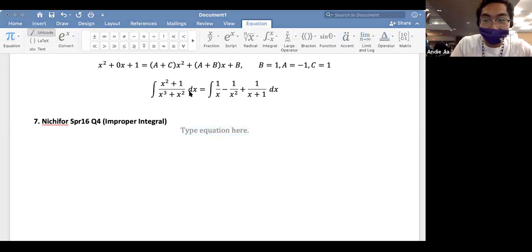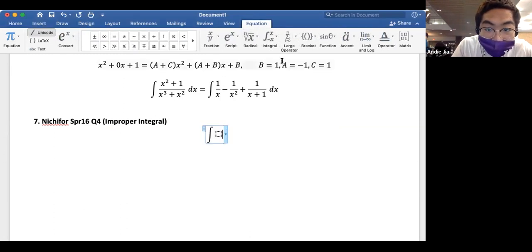For the integral, I got it wrong. It's the integral from 0 to infinity of 1 over e to the x plus 1 dx.